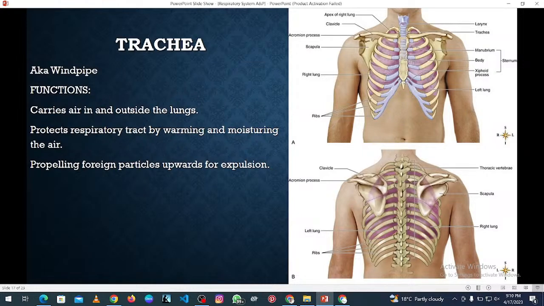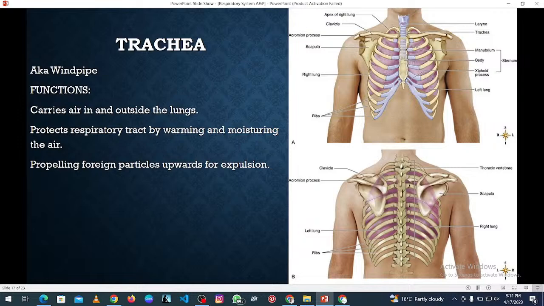Some other thing, there's something called the mucociliary rejection. When you breathe vumbi in, there are times that you'd cough.